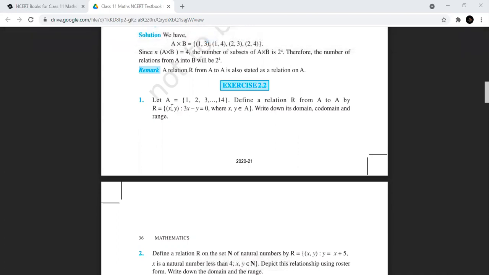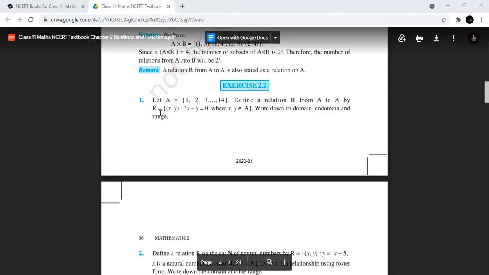So first question, a set is given to you as A is equal to all these entries 1 to 14. Then they have defined a relation from A to A, means A cross A. You will find the cross product, the Cartesian product of set A with itself.